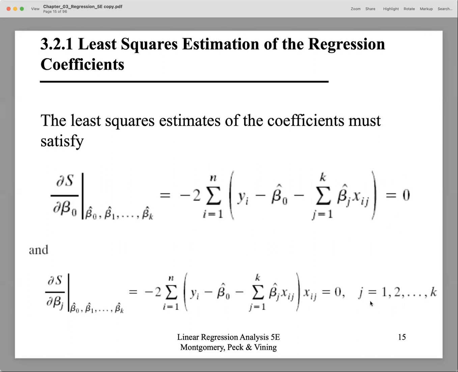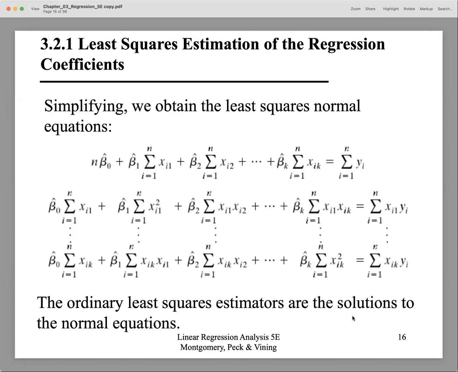Then for j going from 1 to k, for each of the other beta sub j hats, we would take the first partial derivative of the least squares function with respect to each of those beta sub j hats. For example, the first partial derivative of S with respect to beta sub j hat would be this expression here, and you set each of those equal to 0. Again, that gives us a system of k plus 1 equations, which we can then solve for the k plus 1 unknown parameter estimates.